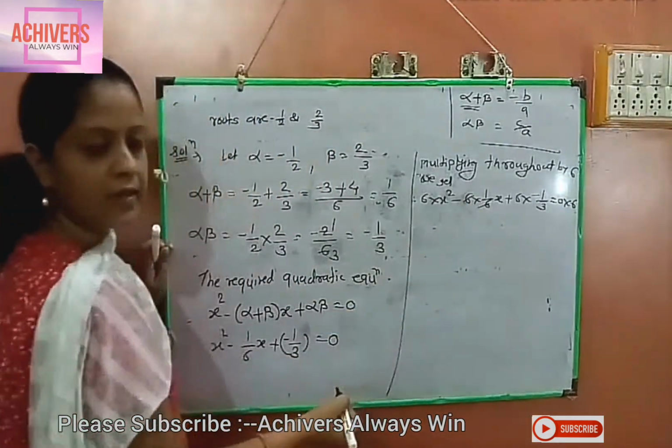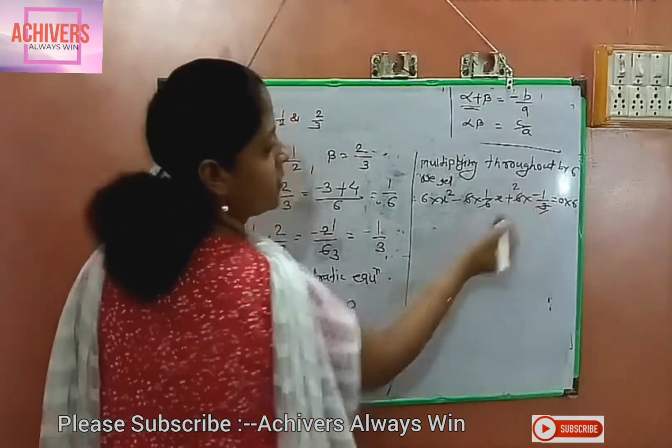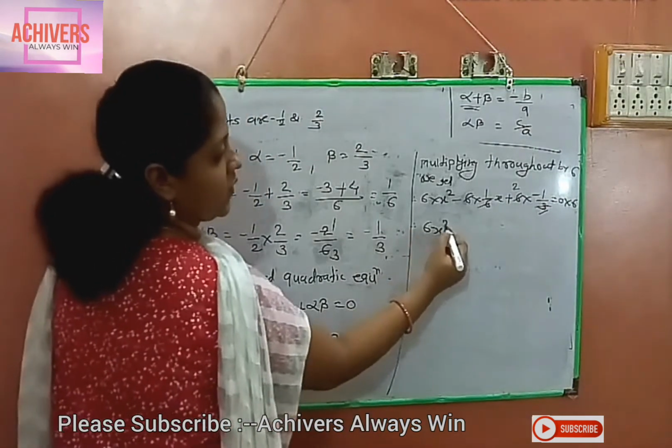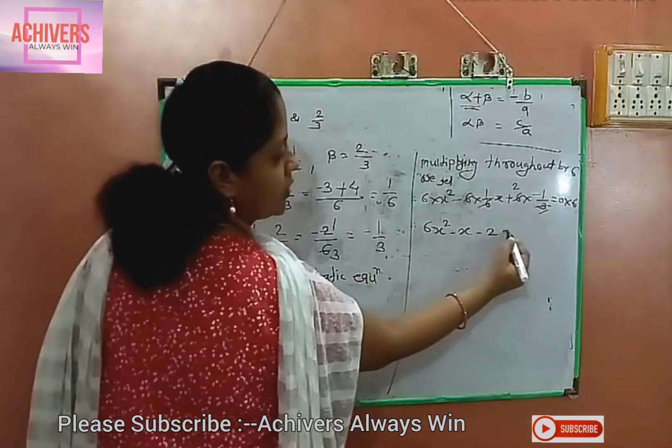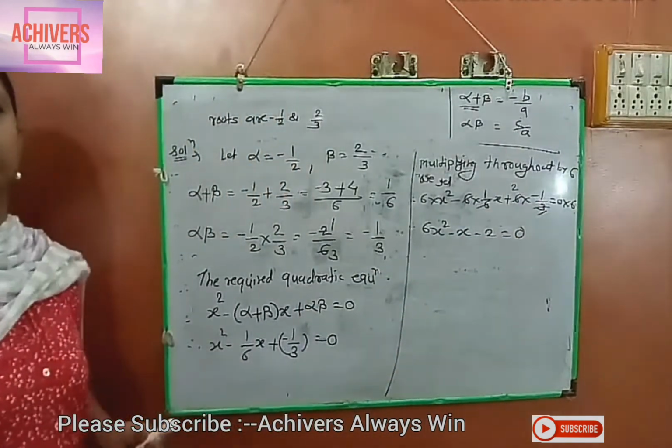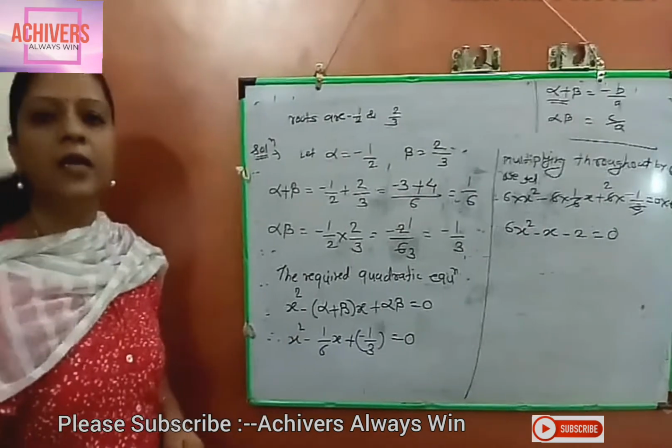Let the 6 cancel. 3 ones are 3, 3 twos are 6. Therefore 6x square minus 1 into x, minus 2 is equal to 0. That is our required quadratic equation.